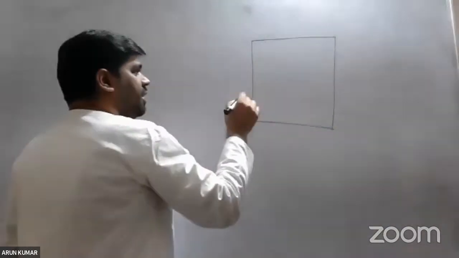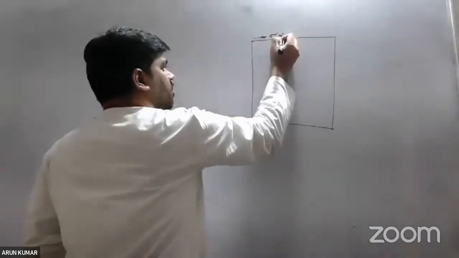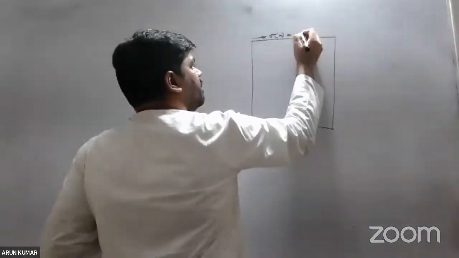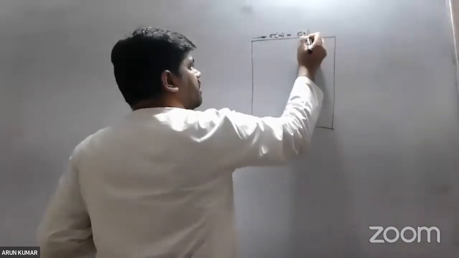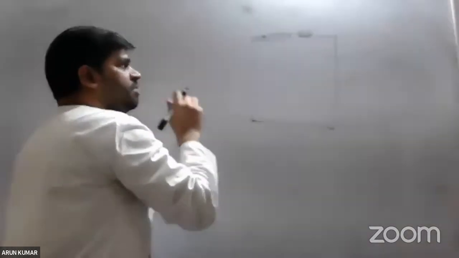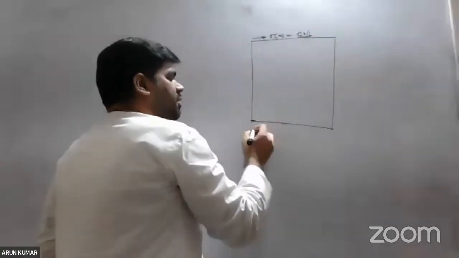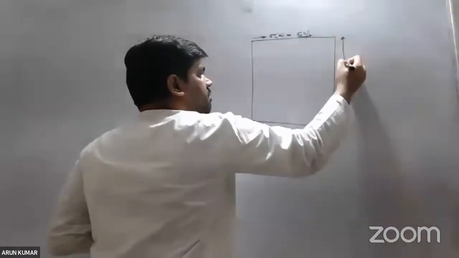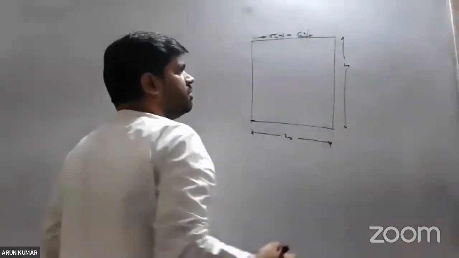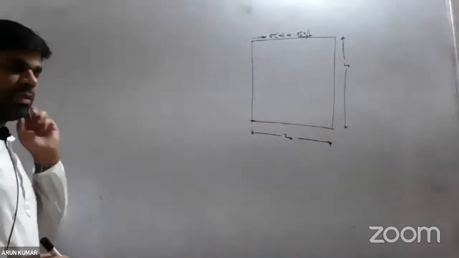So sigma is varying as sigma of x is equal to sigma naught x by L, as x varies from this edge to this edge. It's a square of length L. Required to find the mass of the square plate.